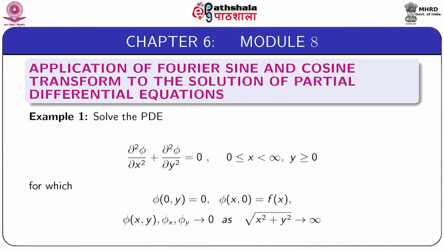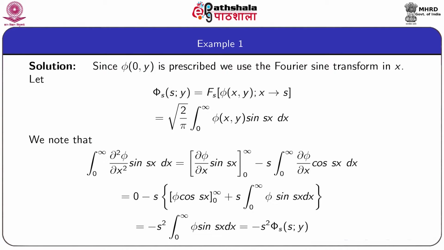So this is the reason why, because phi at x equal to 0 is prescribed, we use the Fourier sine transform, so that this first term becomes equal to 0.